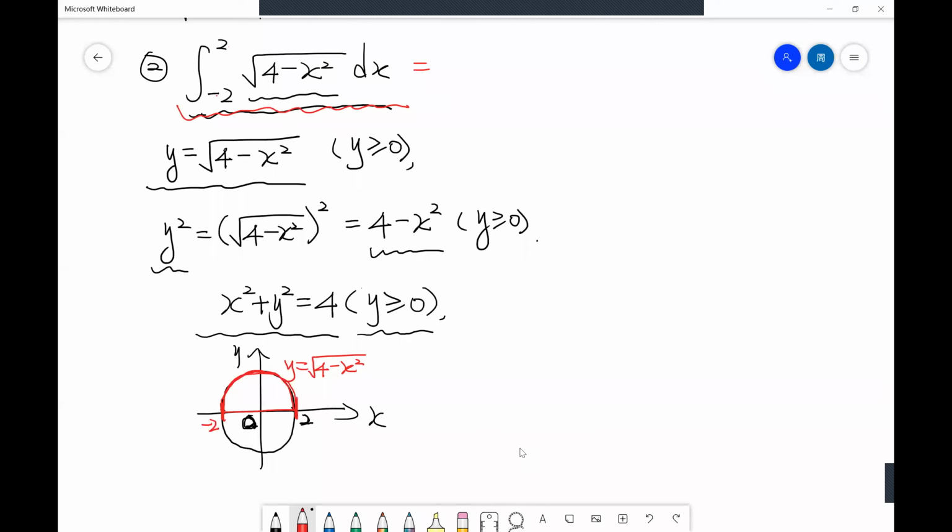So I want you to calculate the area of this region, and that is half of the circle, right? So that equals 1/2 times pi times 2 squared, so that equals 2 pi here.